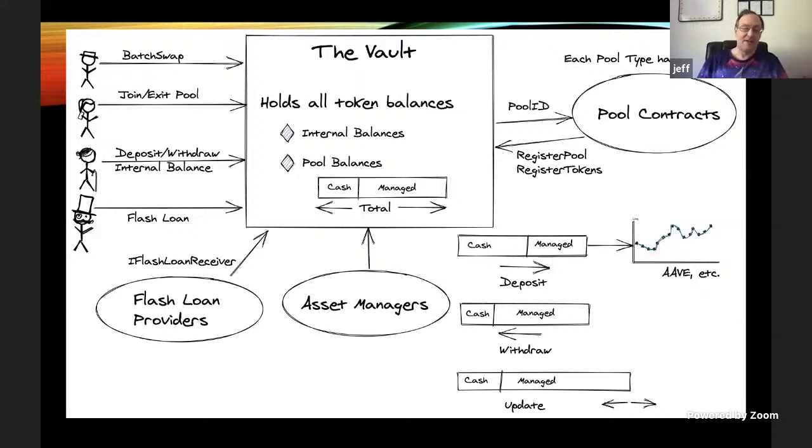So you have a cash balance, which is the actual balance of tokens that are present in the vault, and then the managed balance, which are tokens that can be removed from the vault by the asset manager for various things: yield farming, voting, whatever you write the asset manager to do. But the vault acts as though they're still there. So you still have all the benefits of low slippage and high liquidity with the capital efficiency.